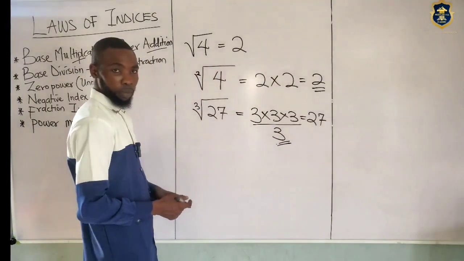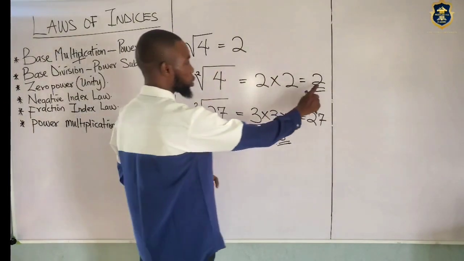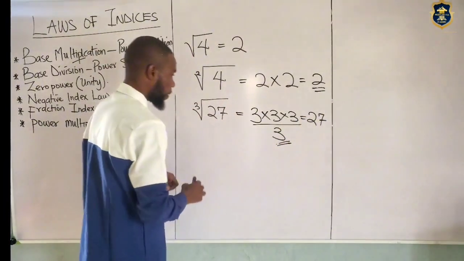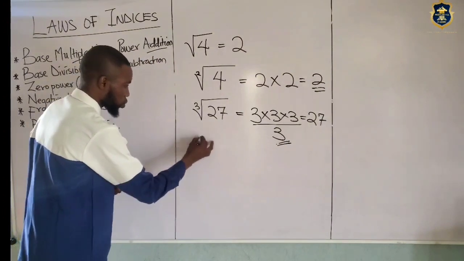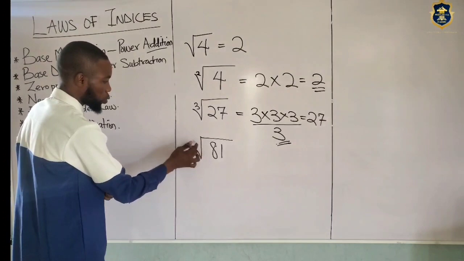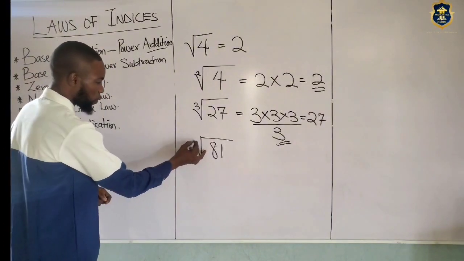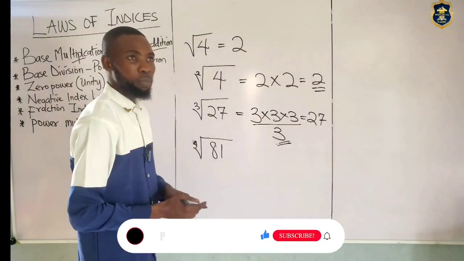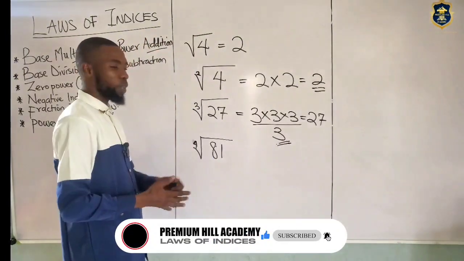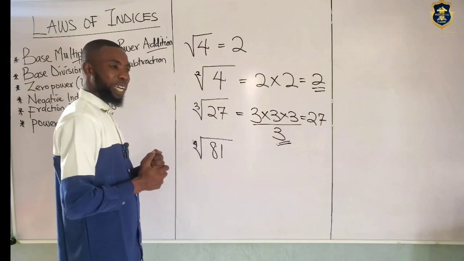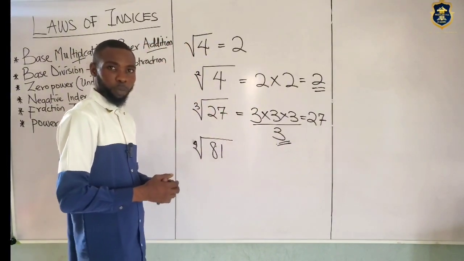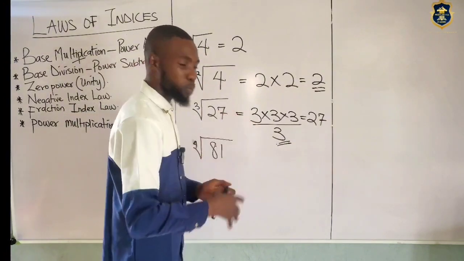Just like this question, if we multiply 2 two times, we will get 4. So if I put the fourth root of 81, what does this mean? It means what number can you multiply 4 times to give you 81?